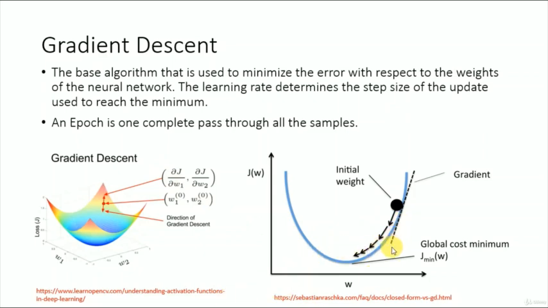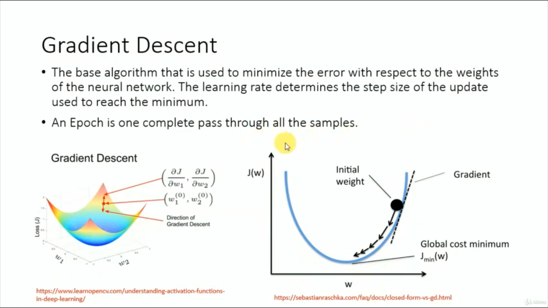If your slope is positive, as it is here, then you need to move in the opposite direction, which is backwards, so you minimize. And if your slope is negative, then you need to move the opposite way, so you increase the weight. This is the base algorithm, gradient descent.